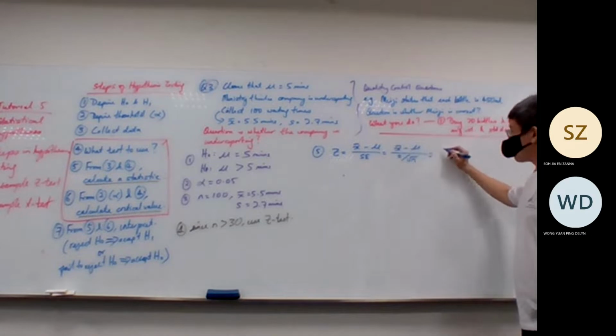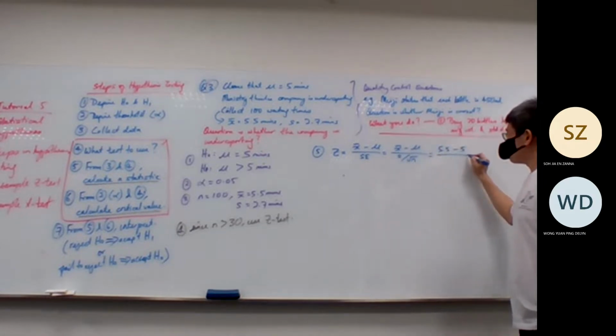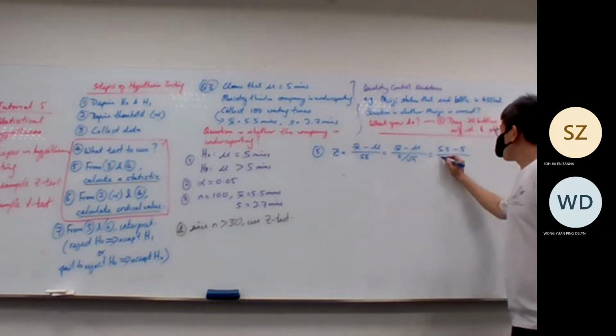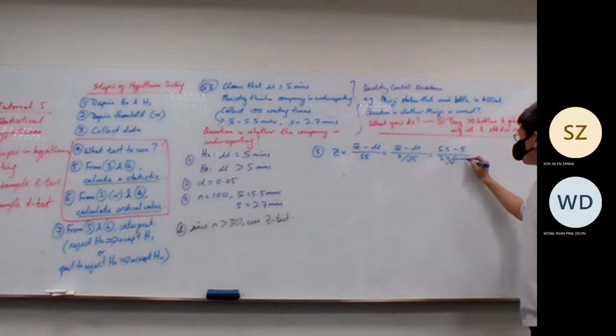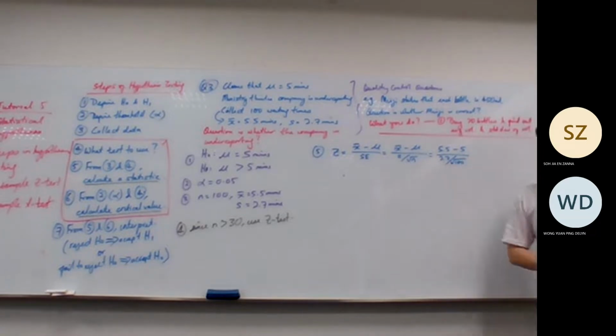So you have 5.5 minus 5, divided by 2.7 over the square root of 100. That gives you about 1.85. So this is the value, 1.85.